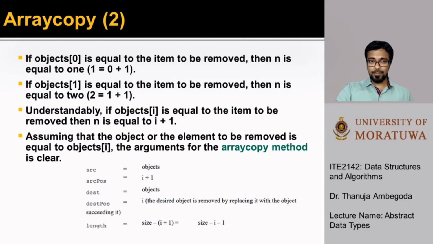If objects[0] is equal to the item to be removed, then n is the first object, because the first object is indexed by 0. If objects[1] is equal to the item to be removed, then n is 2. If objects[I] is equal to the item to be removed, n is equal to 1 plus I.